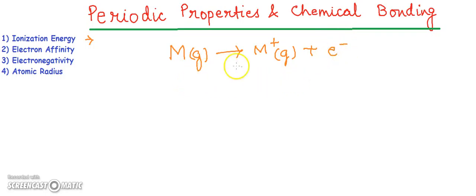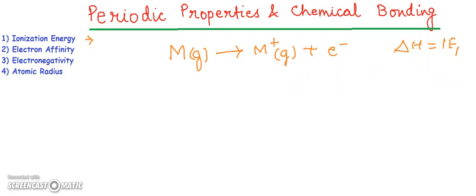Here, the neutral metal atom formed the metallic ion by the loss of an electron. So here the heat of reaction is the ionization energy.